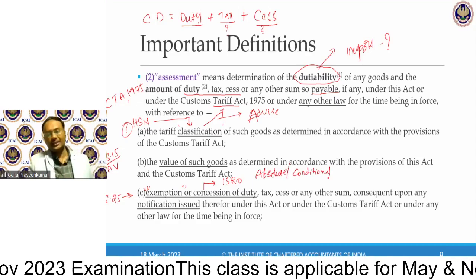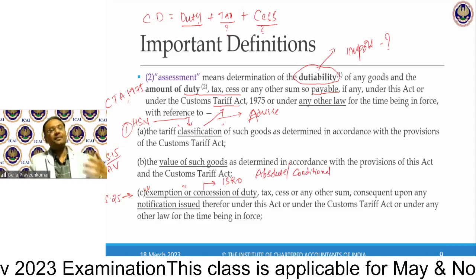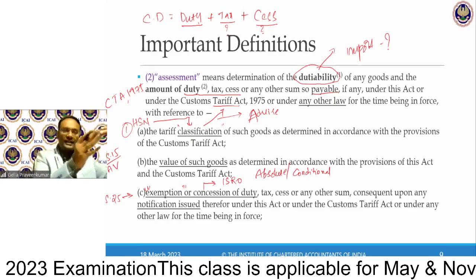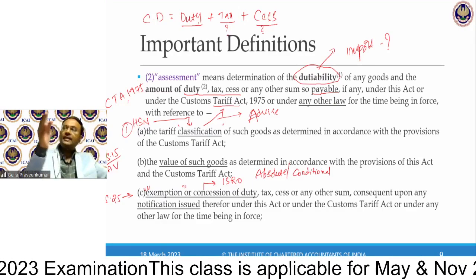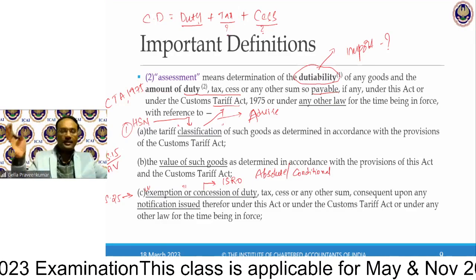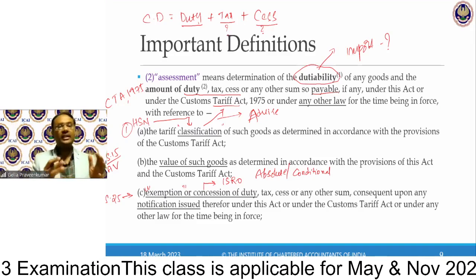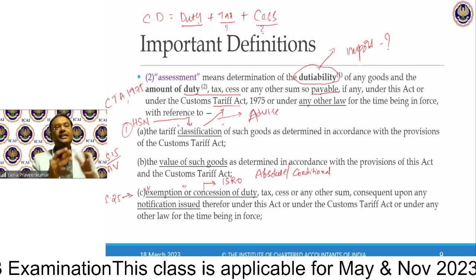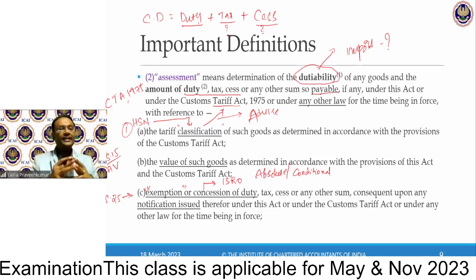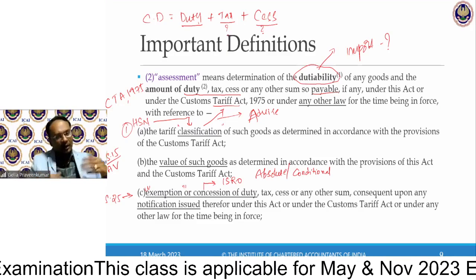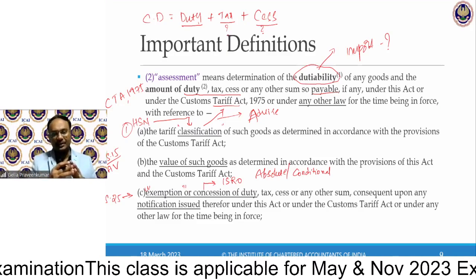Absolute or conditional. So please examine what the goods are, what the classification is, on the basis of classification what the rate of tax is, on the basis of that what the value is, and whether or not I have any notification which rescues me so that there is no need to pay any tax on this particular value. Again, all this is part of my exemption notification.